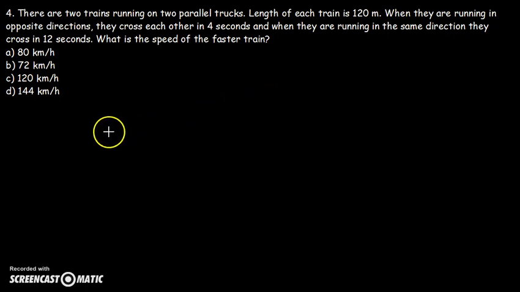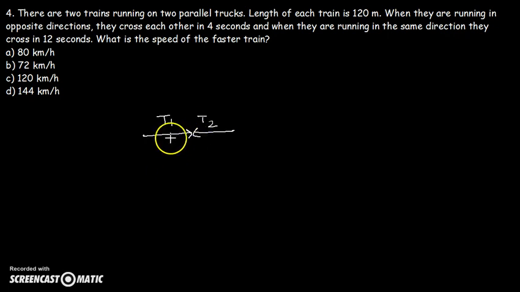In the first case, the trains are moving in the opposite directions. So they cross each other. So train T1 and train T2. One train can be said to be crossing the other in this fashion.